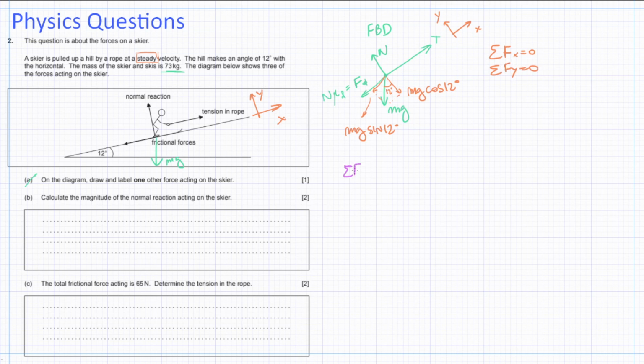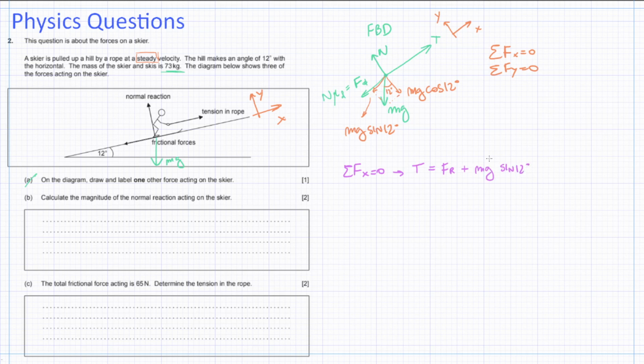So from the sum of forces on x equals 0, what do we get? Well, I've got tension, right? And tension will have to balance out with both my friction, I'll call it Fr, but we know that it's dynamic since it's moving, plus the portion of our weight which is trying to drag us down.